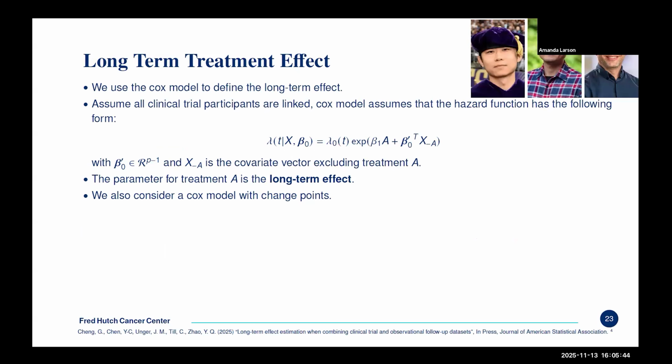For the long-term treatment effects, we use the Cox model to define them. This assumes that every participant is linked. If everybody is linked, then we can run this model and evaluate the long-term treatment effects. The parameter beta 1 is the long-term effect.